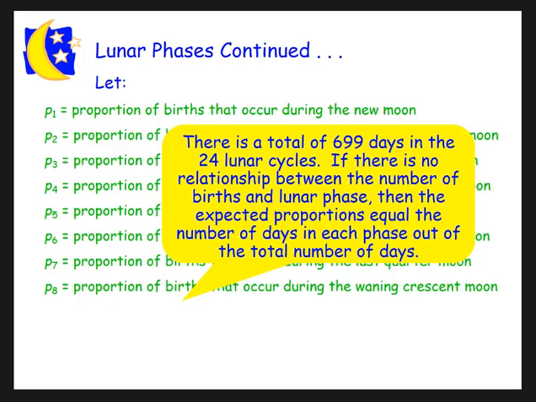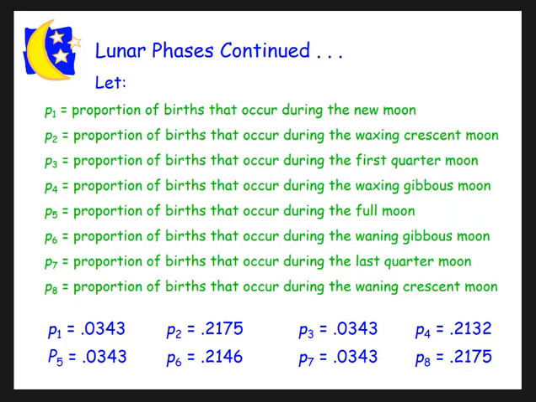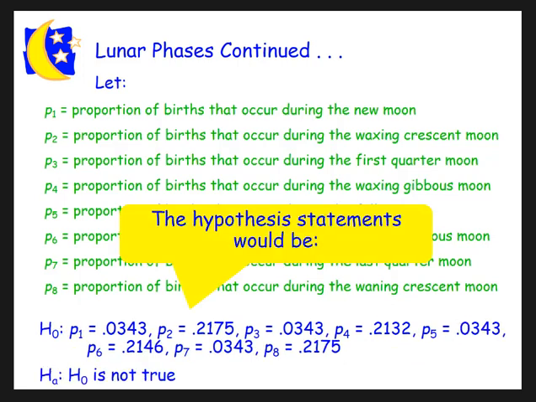If there is no relationship between the number of births and the lunar phase, then the expected proportions equal the number of days in each phase out of the total number of days. So what we're saying is the number of days in each of these phases divided by the 699 total days in the 24 lunar cycles. That gives us those proportions. The proportions of births should be the same.